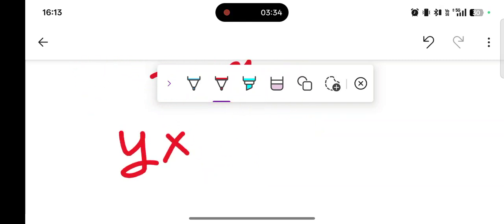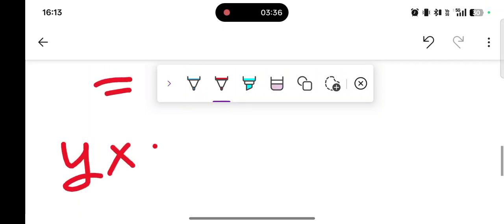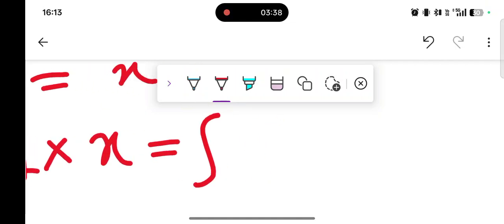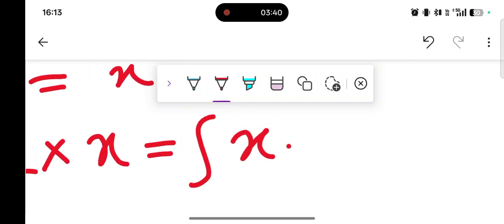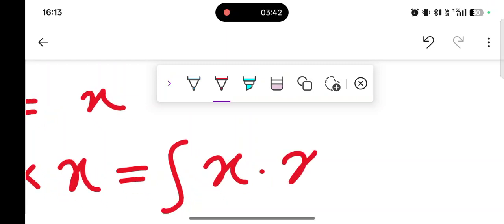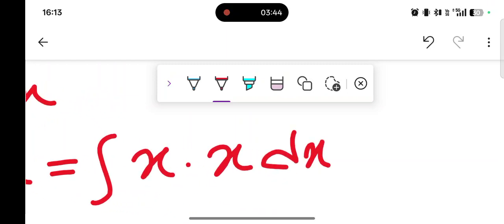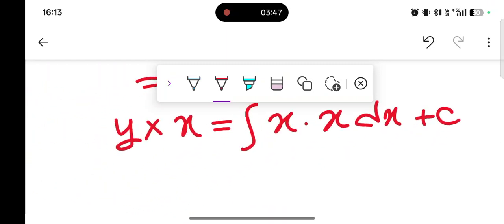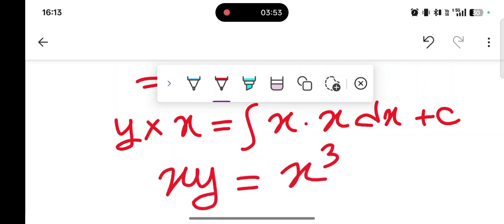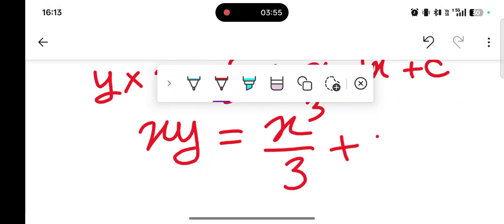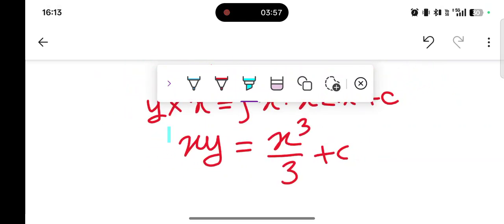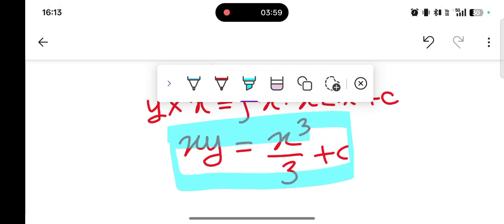So y into the integrating factor, which is x, equals the integration of q, which is x, into the integrating factor, which is again x, dx plus c. Now this is xy equals what? The integral of x square is x cube divided by 3 plus c. So this is our final solution for this question.